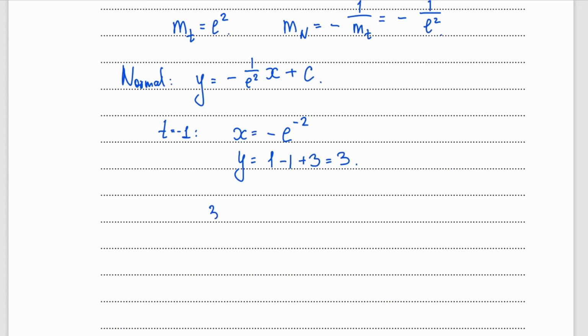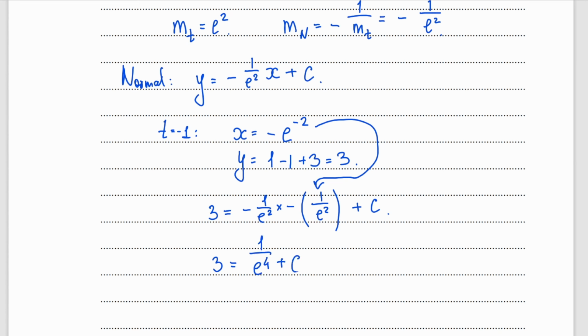So now actually substitute into the normal. That's my minus e to the power of minus 2. Minus and minus will be plus, so it's 1 over e to the power of 4 plus c.